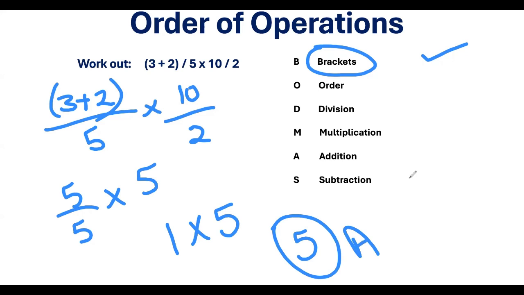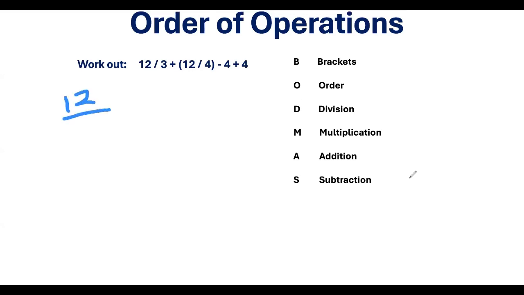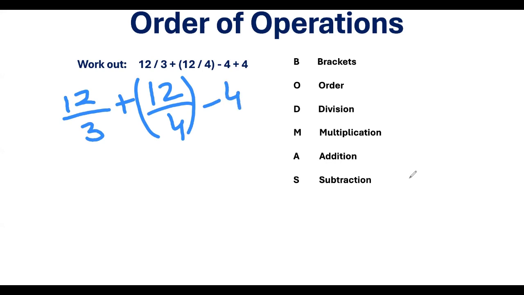Next question is 12 divided by 3 plus 12 divided by 4 minus 4 plus 4. So this question can be written like this: 12 divided by 3 plus 12 divided by 4, this is in bracket, minus 4 plus 4.